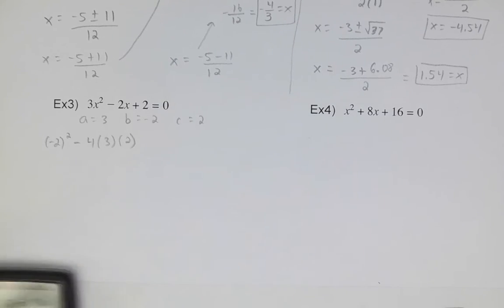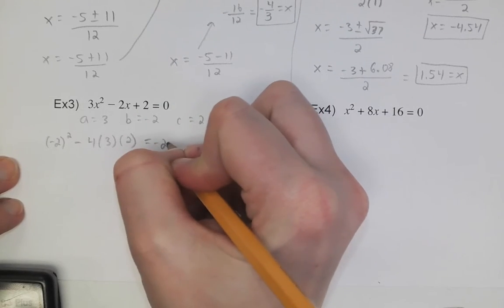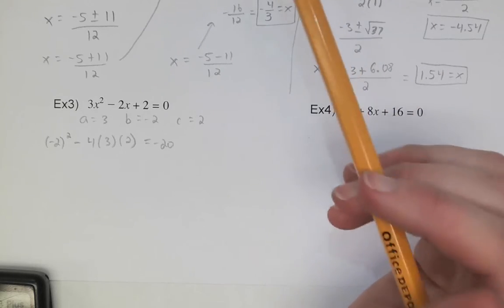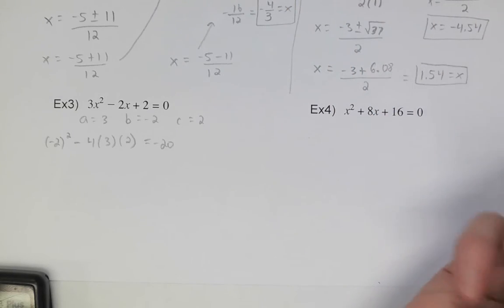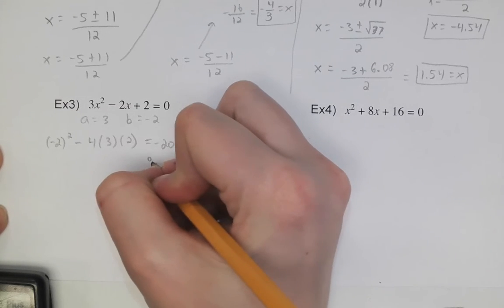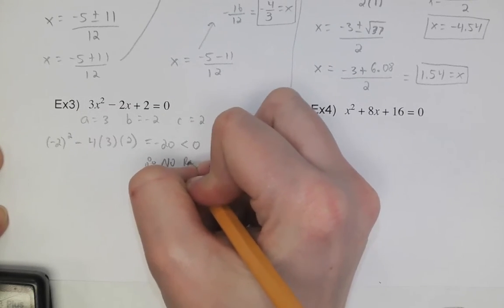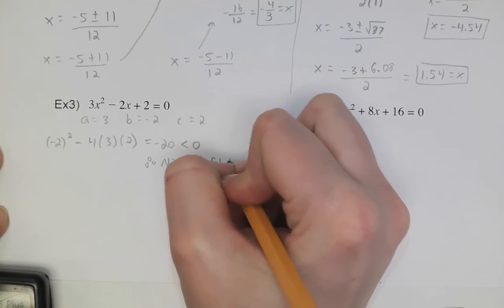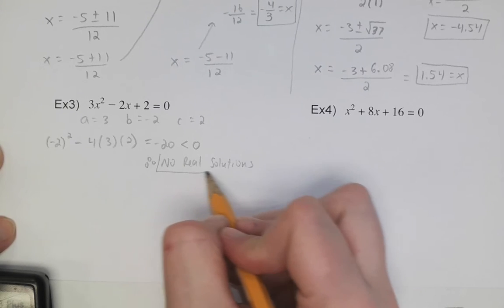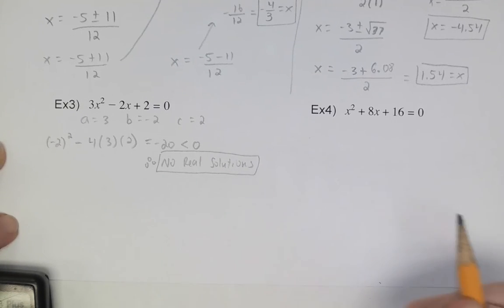That gives us -20. Now we're saying, is -20 equal to 0, greater than 0, or less than 0? -20 is less than 0. Therefore, there are no real solutions. So this graph would not touch the x-axis. And if you do not believe me, type it into your calculator and find out.